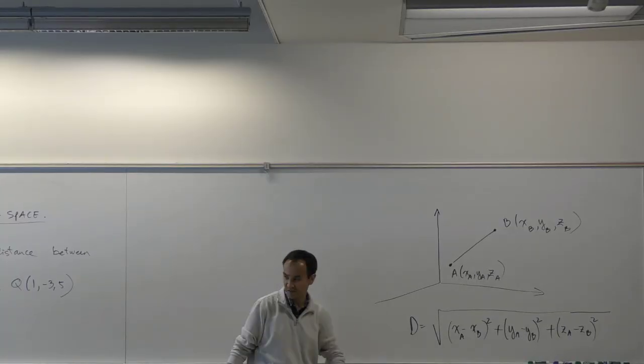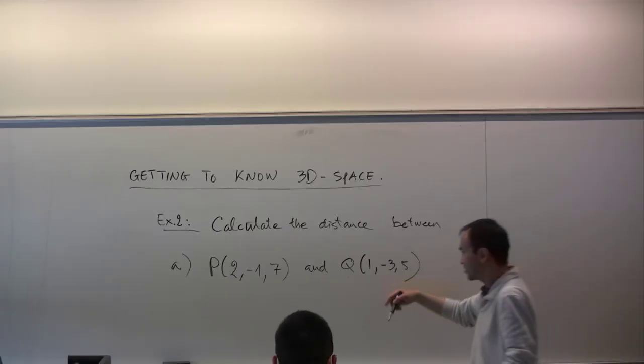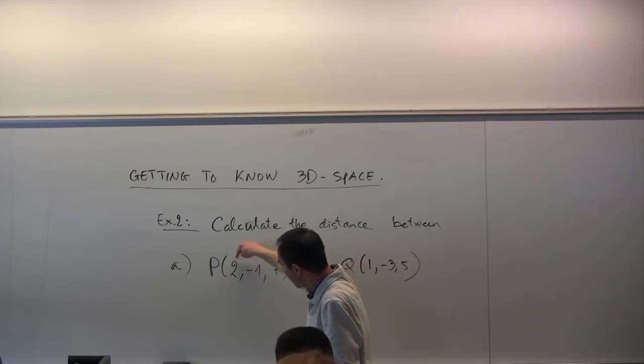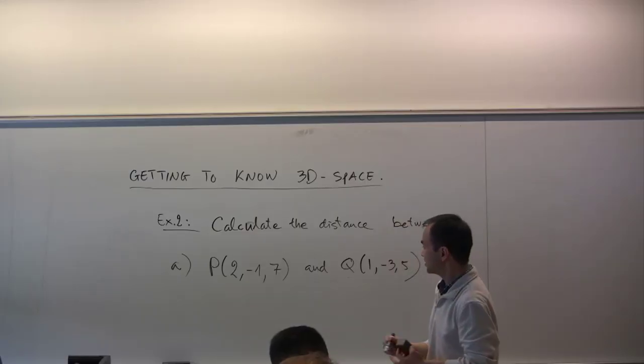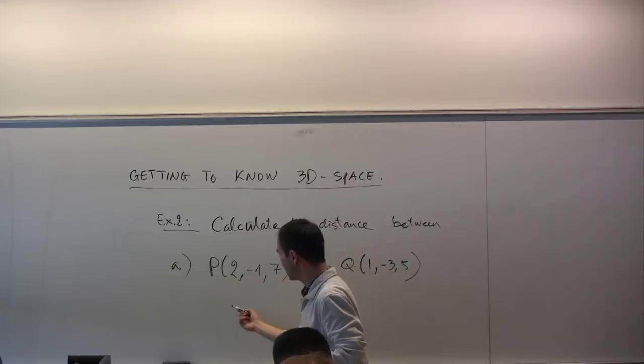In the formula I used XA, XB, and so on; you'll see that just means the x coordinates for the points, the y coordinates for the points, etc. So now when we call these points P and Q, this is how it works.